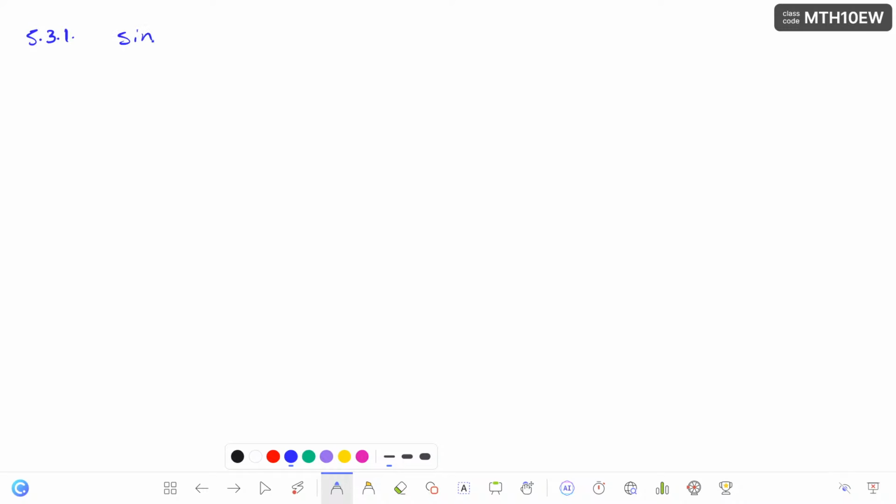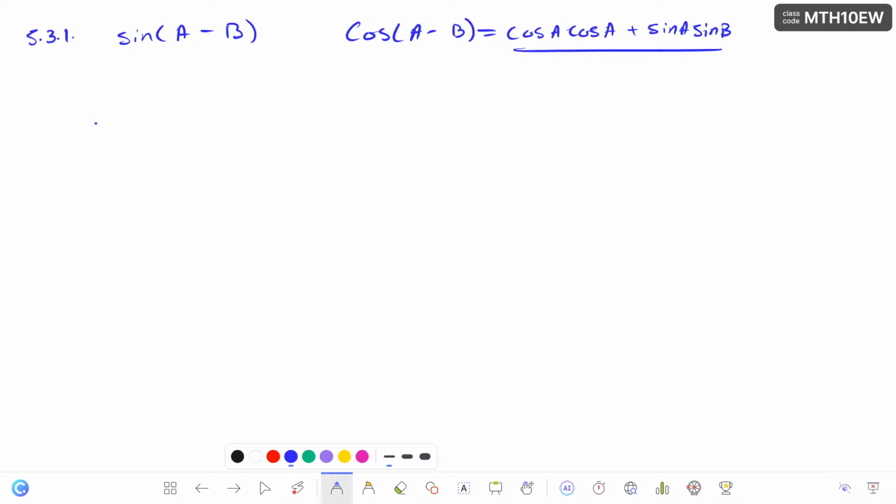So sin A minus B, we're going to use the one that is above, the cos A minus B, and we're given that is cos A cos B plus sin A sin B. We're given these, don't forget.